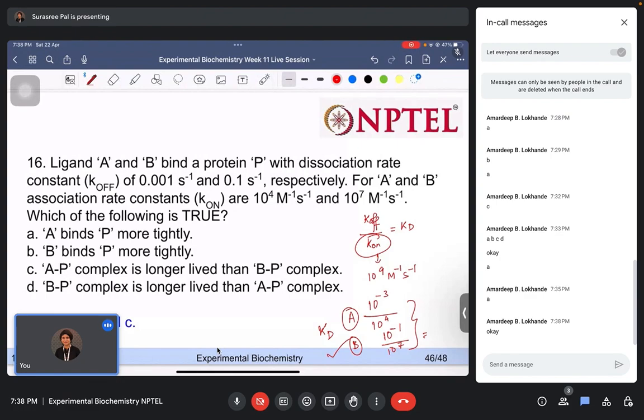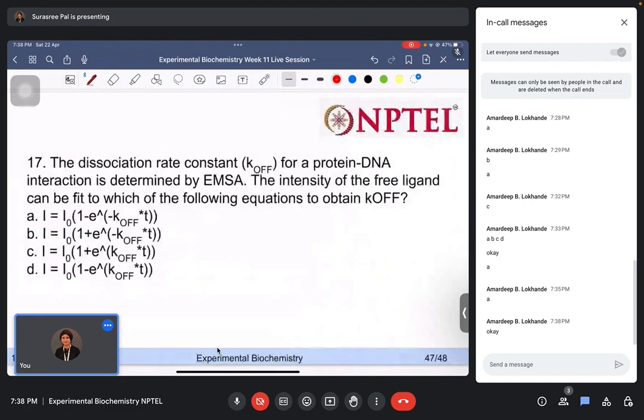Okay, and last question for today. This is the equation that we discussed.